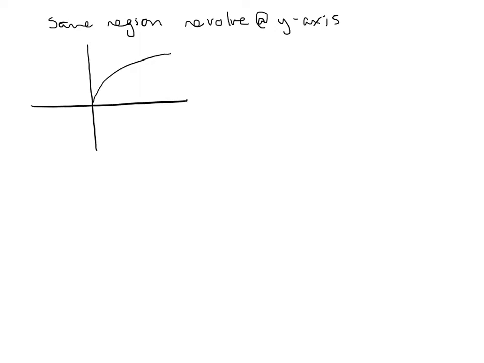I had my root x, my x equals 4. So here's my region. I had y equals root x was my function. And now I want to revolve about the y-axis.